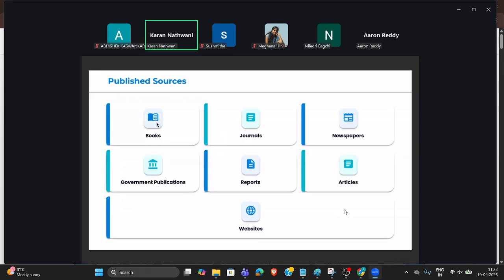You must have seen that in the recent parliament discussions, they are quoting many books. I do not want to take the names, but they quote some published resources to tell that this is what had happened, this is what has been done. So all these are resources where you can get secondary information.